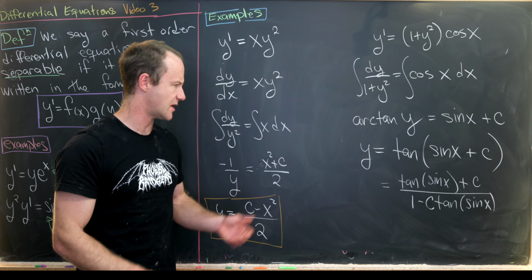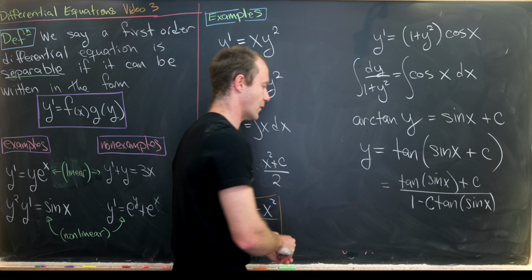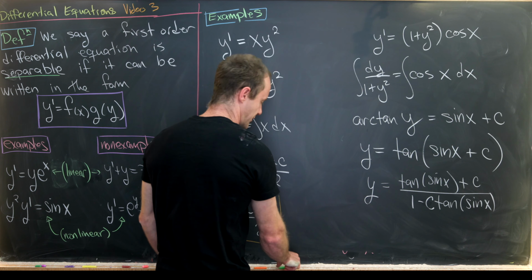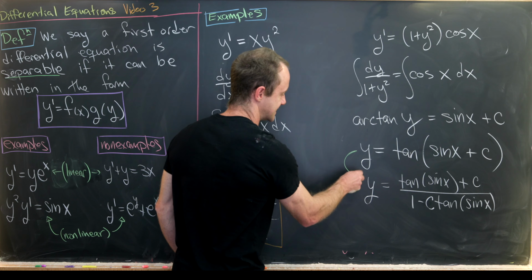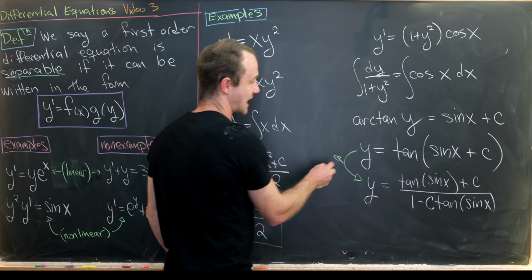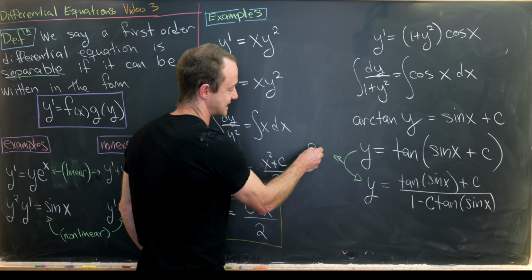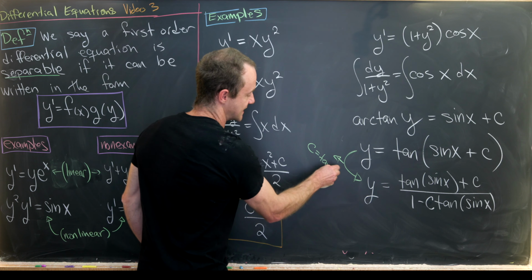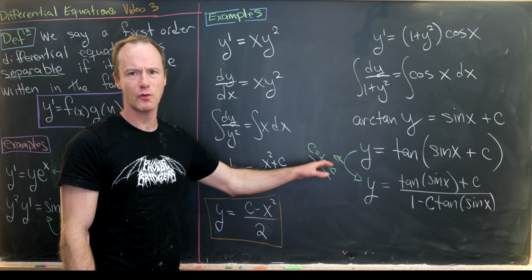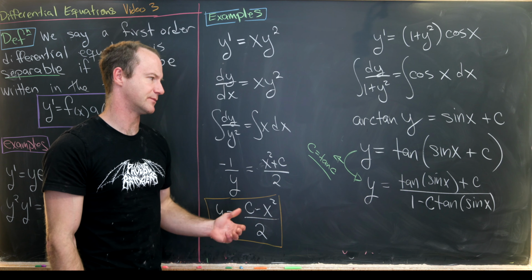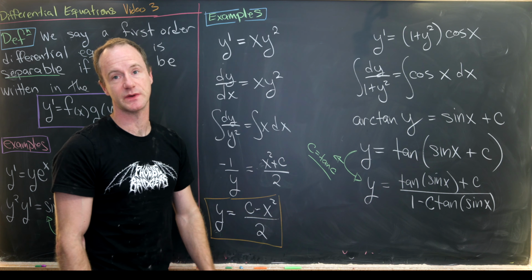So just look up the rules for the sum angle formula for tangent, and you'll see that that does this step here, where, just to be careful, from one step to the other, I'm setting c equal to the tangent of c. And now we're at this stage. I don't think there's any simpler you can get. I think that's maybe as good as we can get for this.